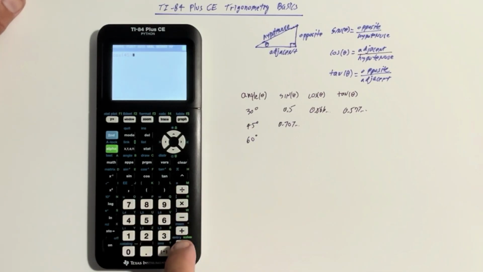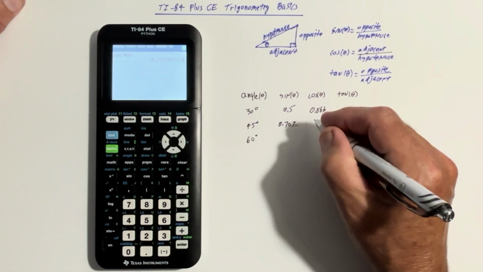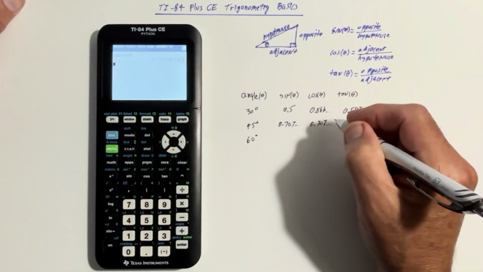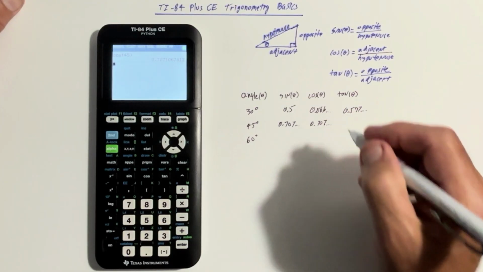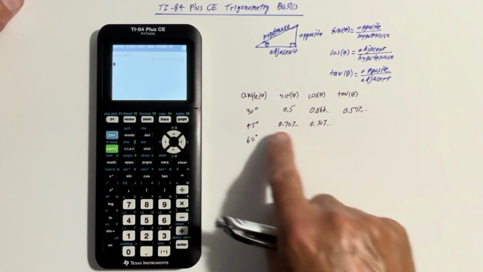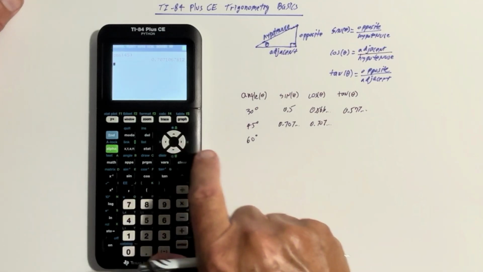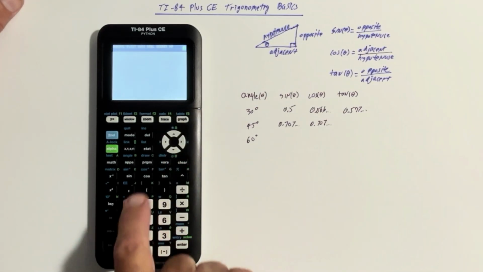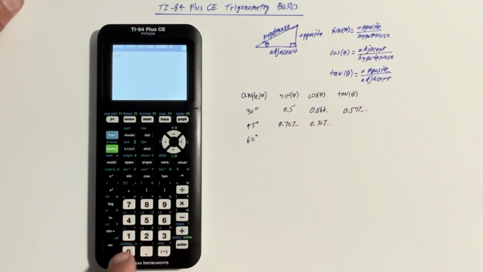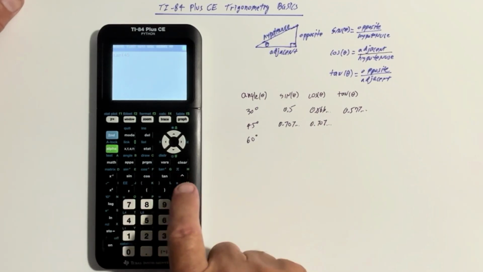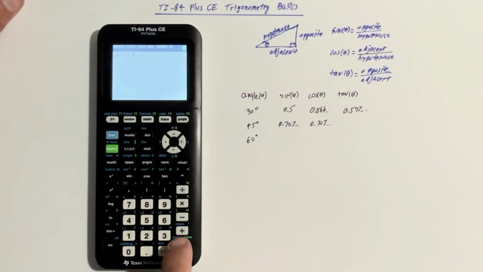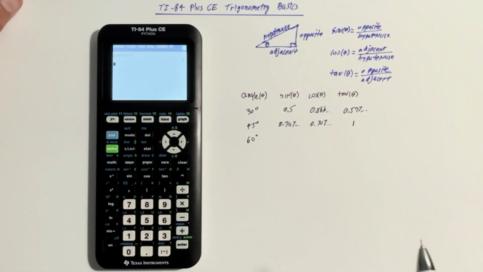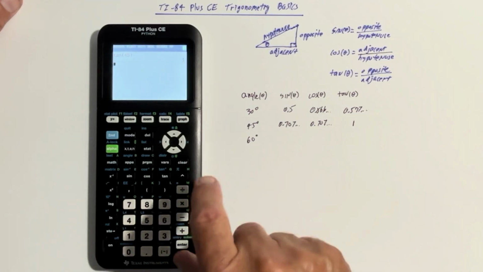Close the parentheses, enter, and we get the same number, 0.707. And then let's do the tangent of 45. Clear. Tangent of 45, enter. That's equal to 1.